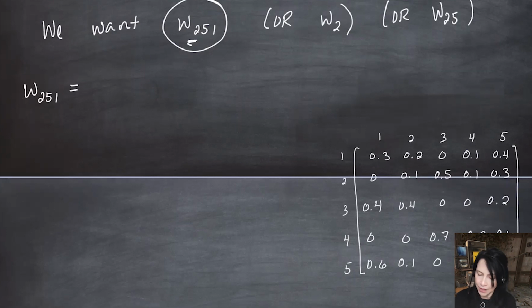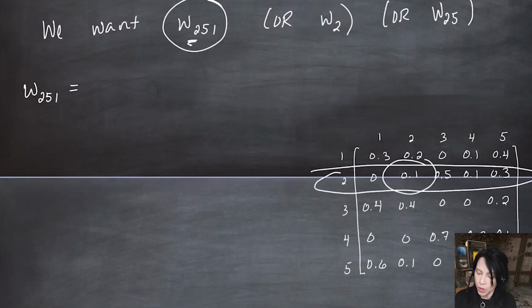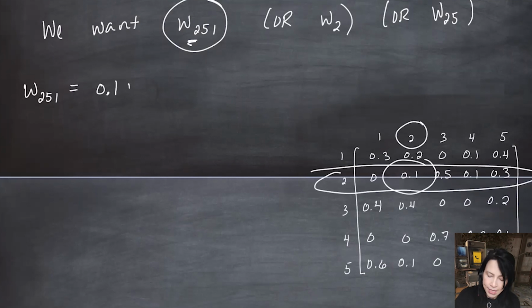Okay, I'm going to look at the 2 row of the matrix. With probability 0.1, I'm going to go back to 2. So with probability 0.1, I now want to say starting at 2 and going until I hit 1, what's the number of visits to state 5? So that's W251, starting at 2, counting hits on 5, stopping at 1. With probability 0.5, I go to state 3.